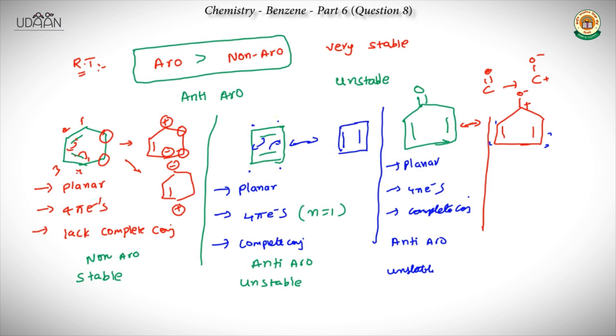The structures for it would be, say, this bond has shifted this direction, negative charge here and positive charge here. You have got O minus here, double bond here, and positive charge here, and shift this bond this direction, you get a positive charge here.